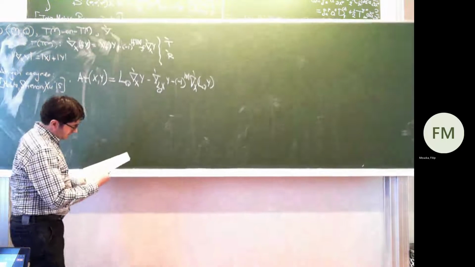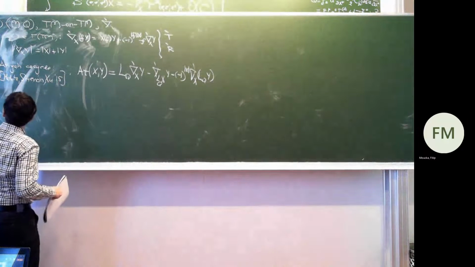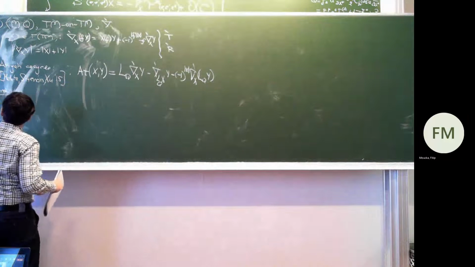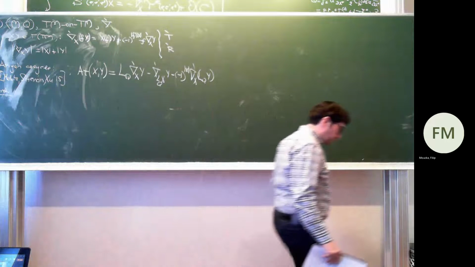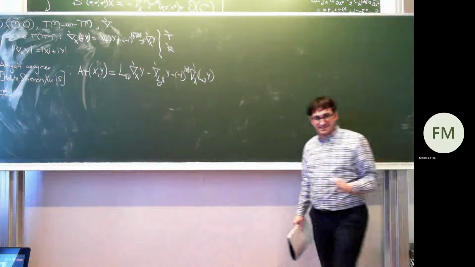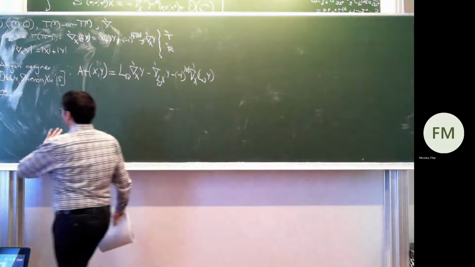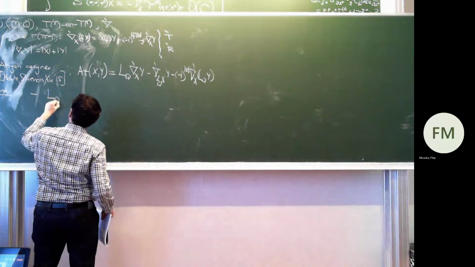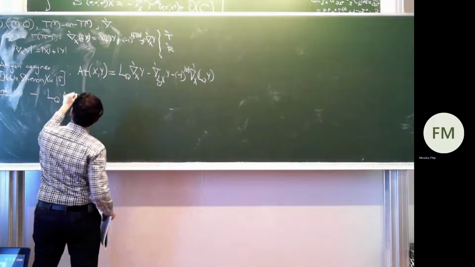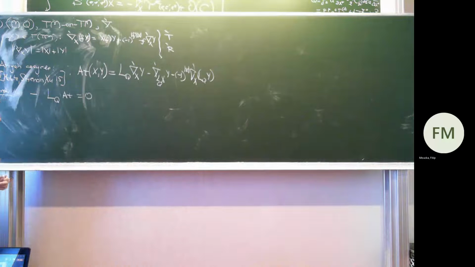Now, what is important about this object, apart from the fact that personally I ended up in this object through looking at higher gauge theory, but at this stage, what is important is that, first of all, obviously L_Q At is 0. I mean, this is what it means to be a cocycle anyway.